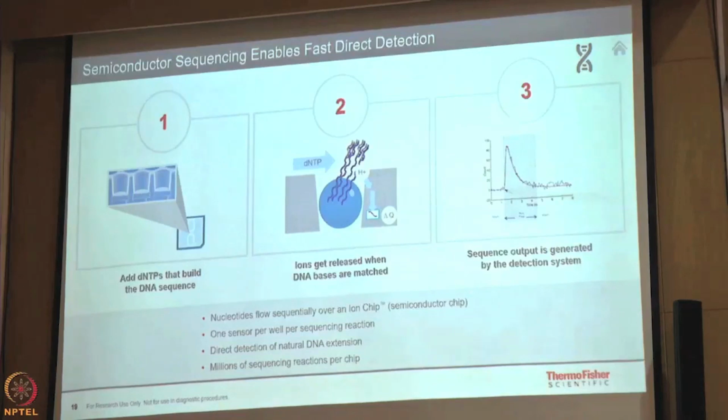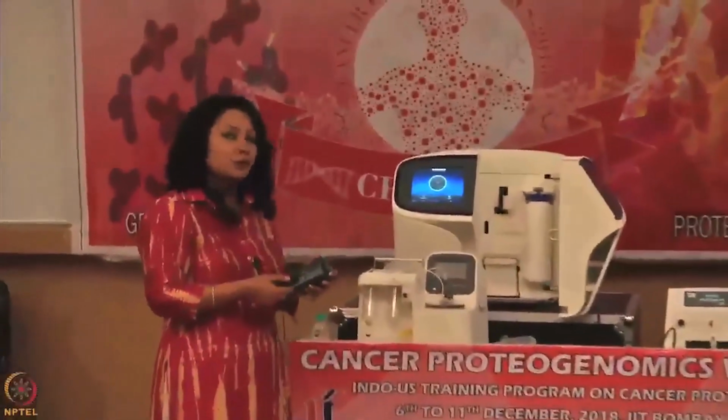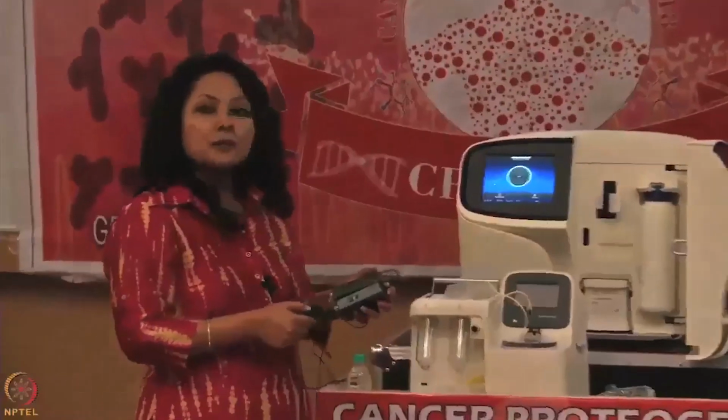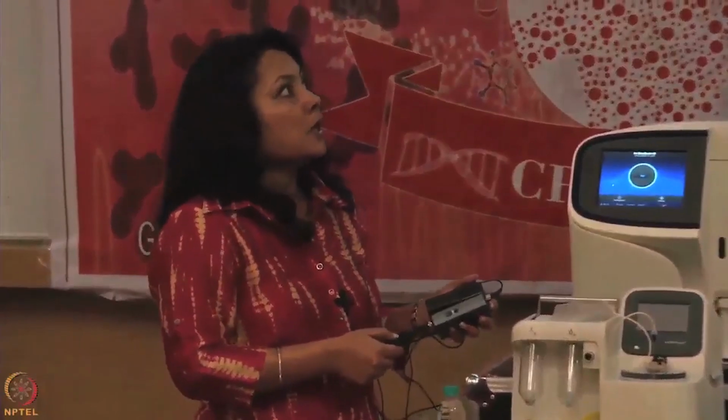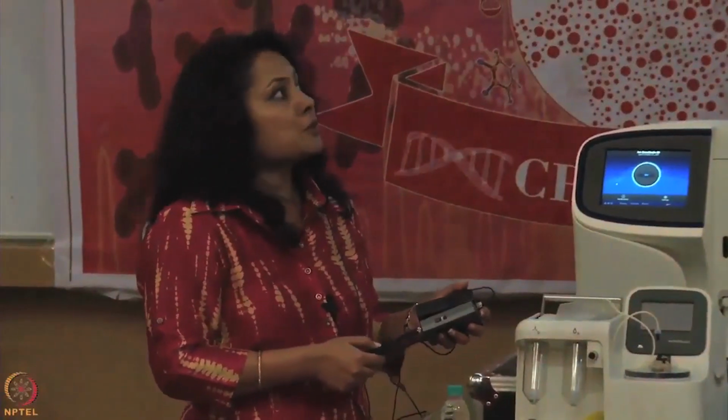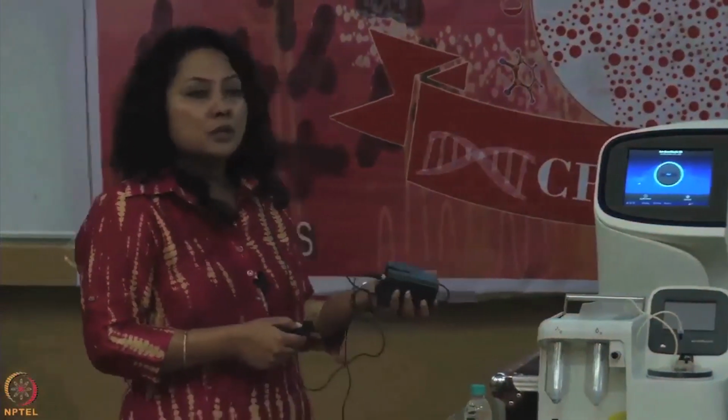Each well has its own sensor. So, while the run is going on, the software algorithm is also going on, and it is seeing that from the first run of dNTP, when that was flown onto the system, how many wells showed a polymerization, and in how many there was a change in pH which got translated into a change in voltage, and that is how we get a signal.